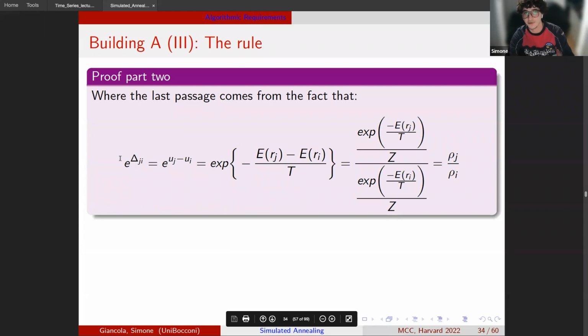This is due to the fact that if we expand this formula of the exponent, we get that this is the change in the feature, which is minus the change in energy, which using basic exponent properties is just the fraction of the proposed distribution and the current distribution.